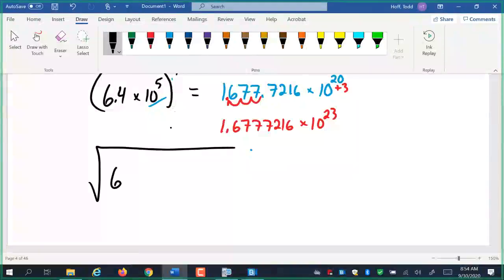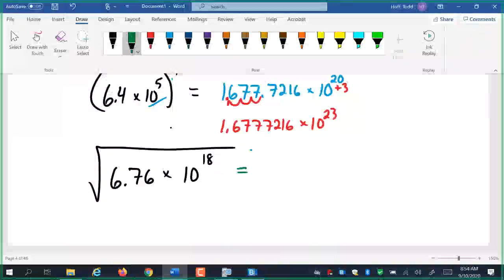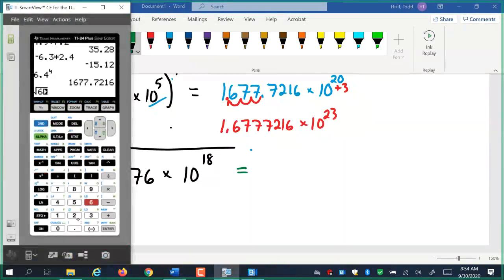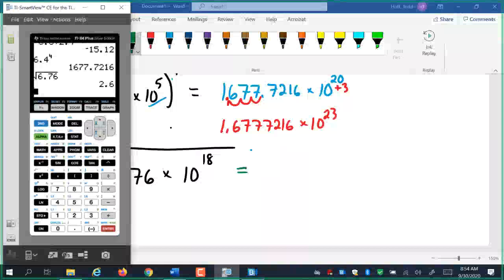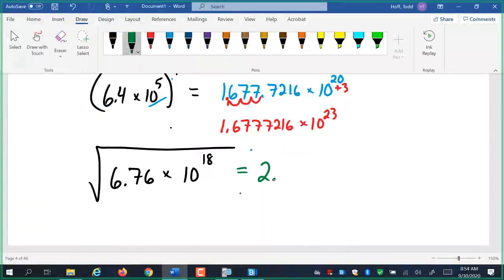If I want to do a square root of 6.76 times 10 to the 18th. Square root of 6.76 is going to be 2.6. The square root of 10 to the 18th.